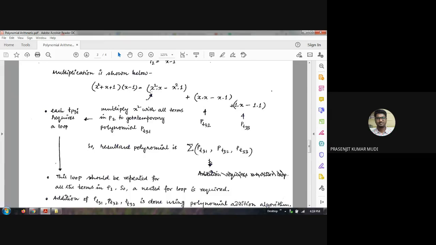Now you have calculated such temporary polynomials: this bracket, this bracket, this bracket, PT31, PT32, PT33. And then you have to sum up all these temporary polynomials. The first temporary polynomial is added with the second, and that is added with the third.